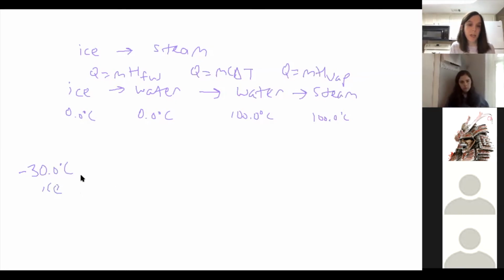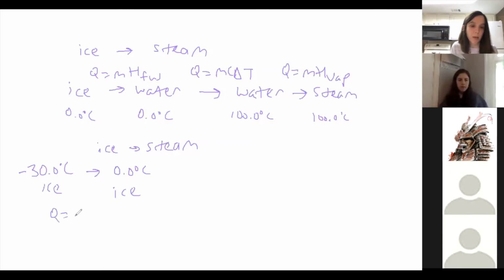Now let's say instead we had ice at 30 degrees below 0 Celsius, and they're asking the same thing, ice going to steam. For this one, what we need to do is have ice first go to its melting point at 0 degrees Celsius. So it's still ice at this point. We'd have to use Q equals MCΔT for the temperature change. Then ice will go to water at 0 degrees Celsius.